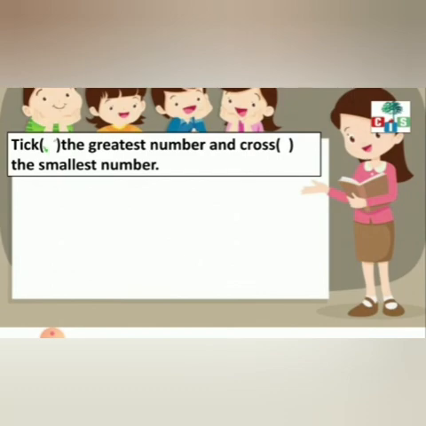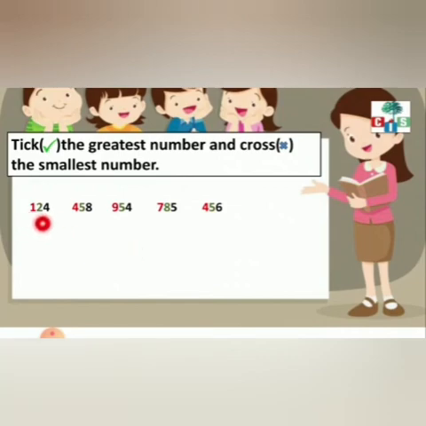Tick the greatest number and cross the smallest number. So let's start. Whichever is the greatest number, we will put a tick, and a cross on the smallest number. The numbers are 124, 458, 954, 785, 456. Okay. Now first we will look at the hundreds place.